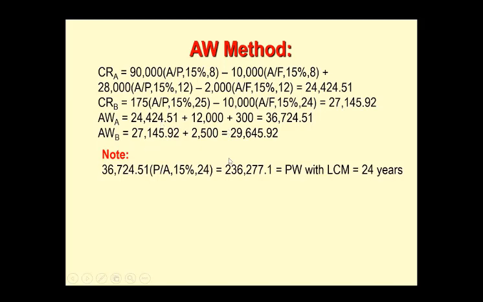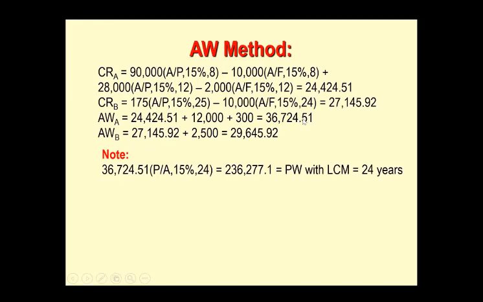How do we calculate the annual worth of cost for each alternative? The annual worth of cost for plan A includes the capital recovery plus the annual operating cost of the mover and the pet.